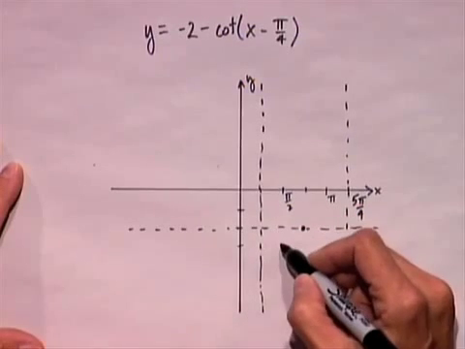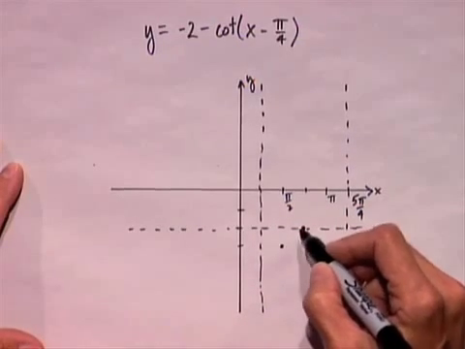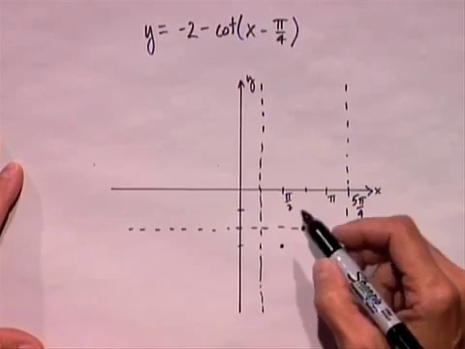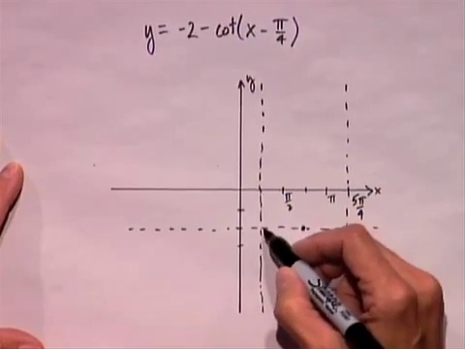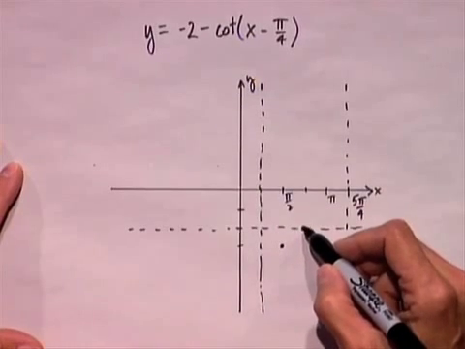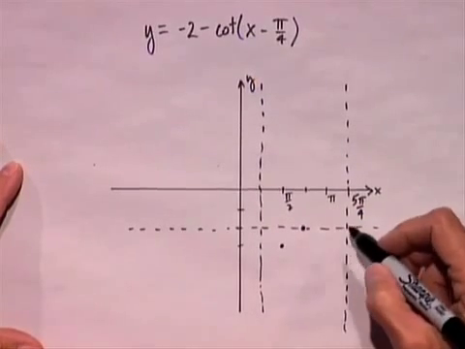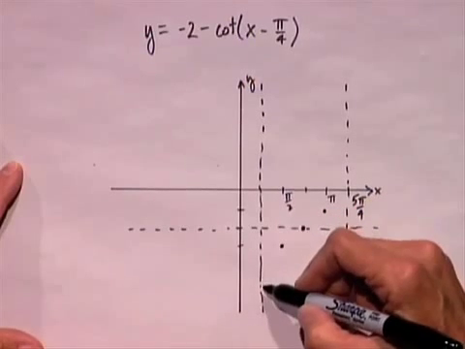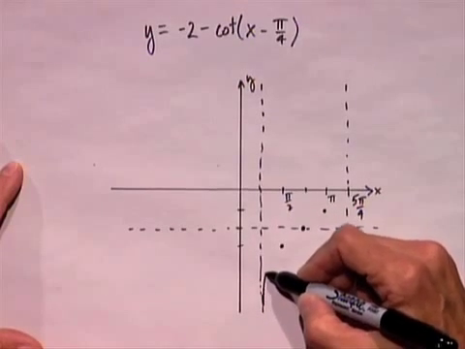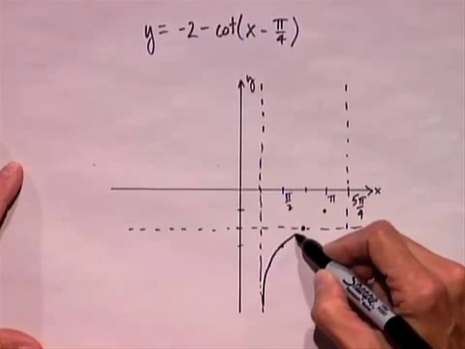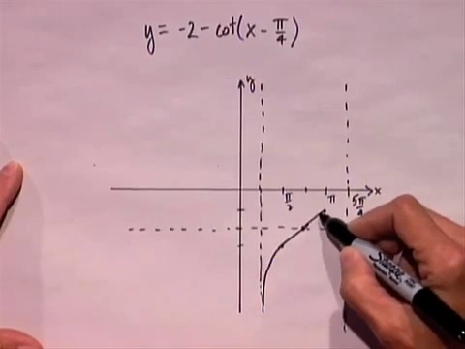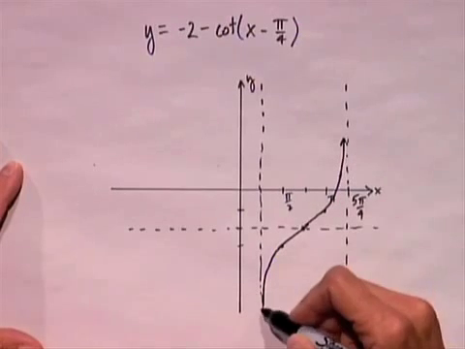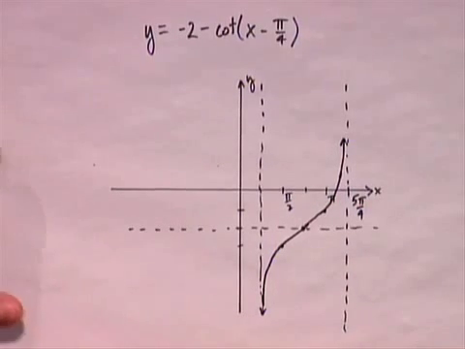I'll say that there's a point for the cotangent here, which is 1 unit below its horizontal axis and halfway within the first half of a pair of vertical asymptotes. And then using a similar point, I can draw a single period of this particular cotangent graph. And there we go.